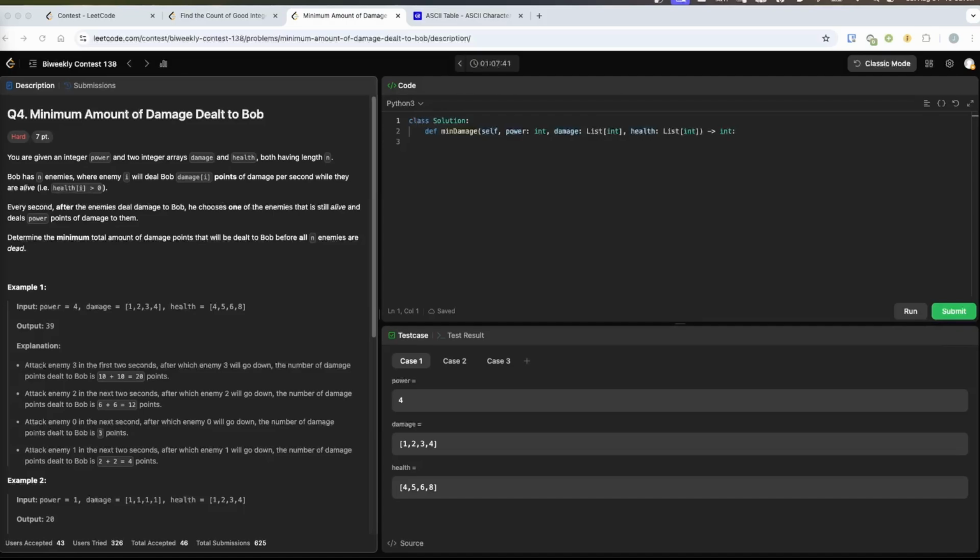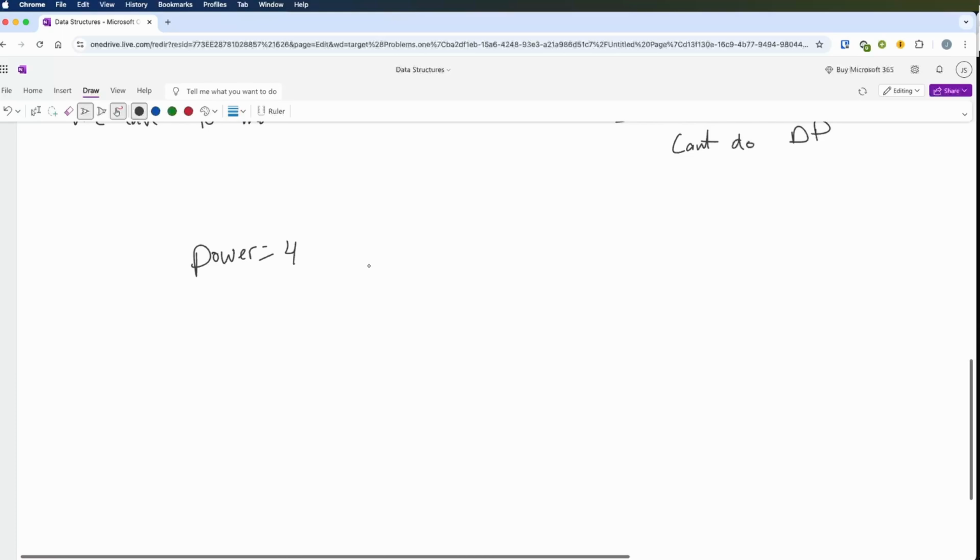So let's look at this example. So we have power equals 4. We have our damage equals 1, 2, 3, 4. And then we have our health equals 4, 5, 6, 8.